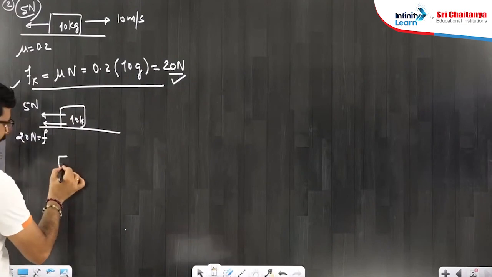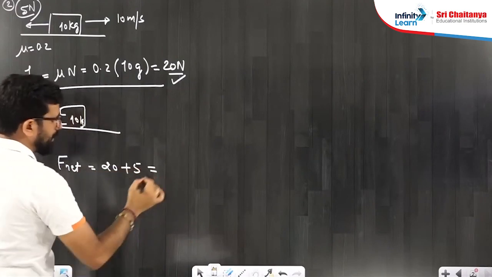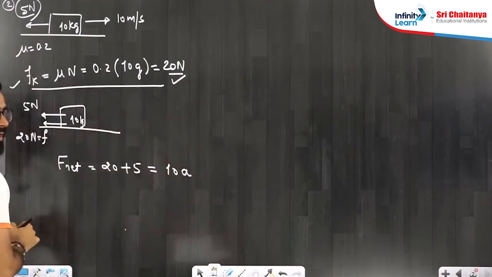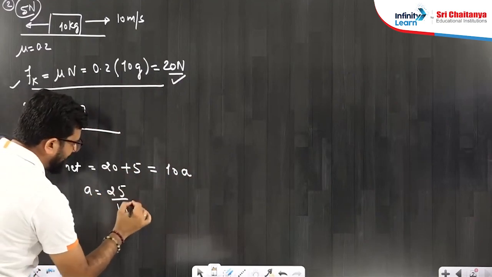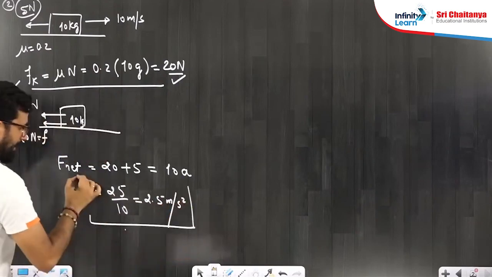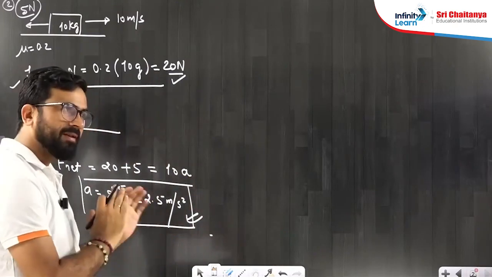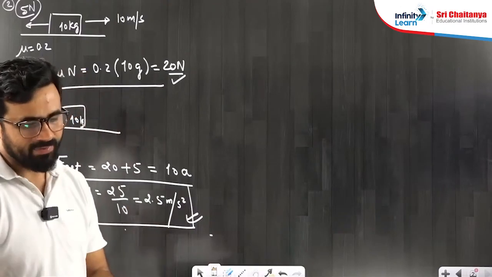That means you will say F net is equal to 20 plus 5 is equal to m into a, that means 10 into a. And now from here you can say a is equal to 25 by 10, that means 2.5 meter per second square. Understanding? Now you got the answer. This is the acceleration, that means retardation, and from that you can find the other part of the question.